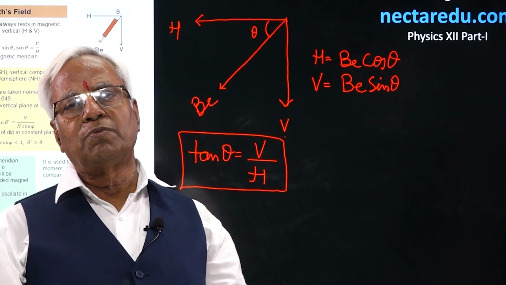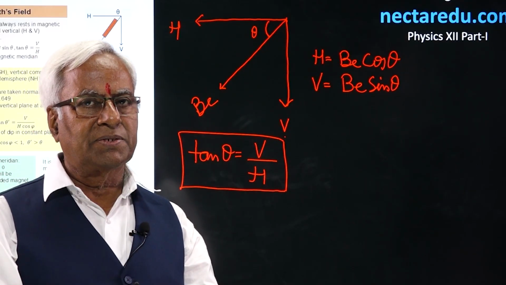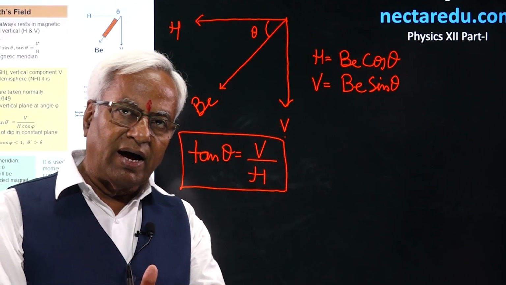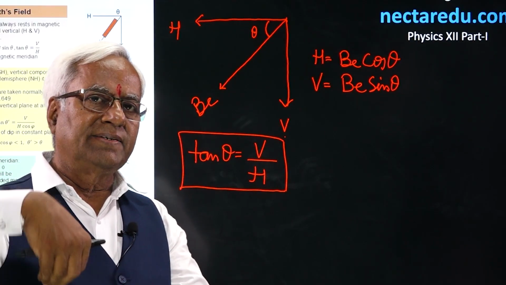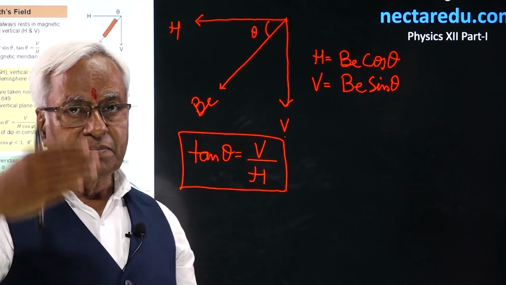But now we put one condition: the magnet which is freely suspended is confined to a vertical plane that is at angle phi with the magnetic meridian.